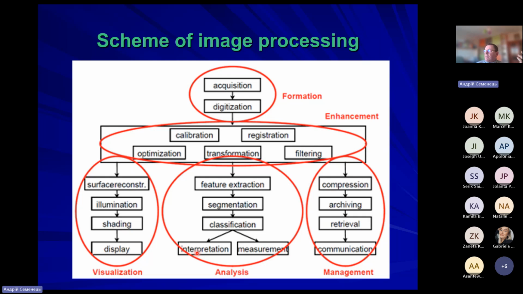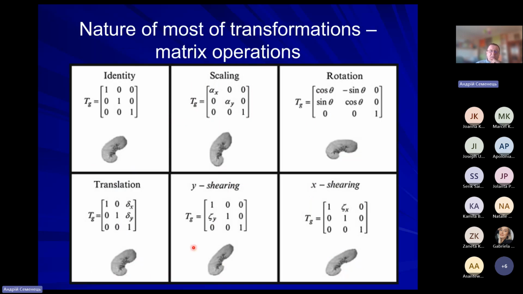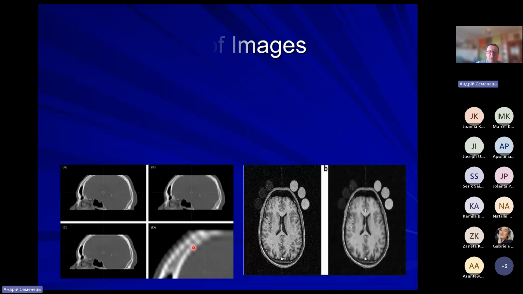For long years this has been the task of the physician, but in modern times it's possible to automate it and achieve some results automatically. And again, I remind you that the nature of almost all these transformations is matrix operations. If you want to make any change, scale, rotation, translation, all of these are different types of matrix operations. Again, no matter what we're talking about, a selfie on a phone or X-ray images or computer tomography.